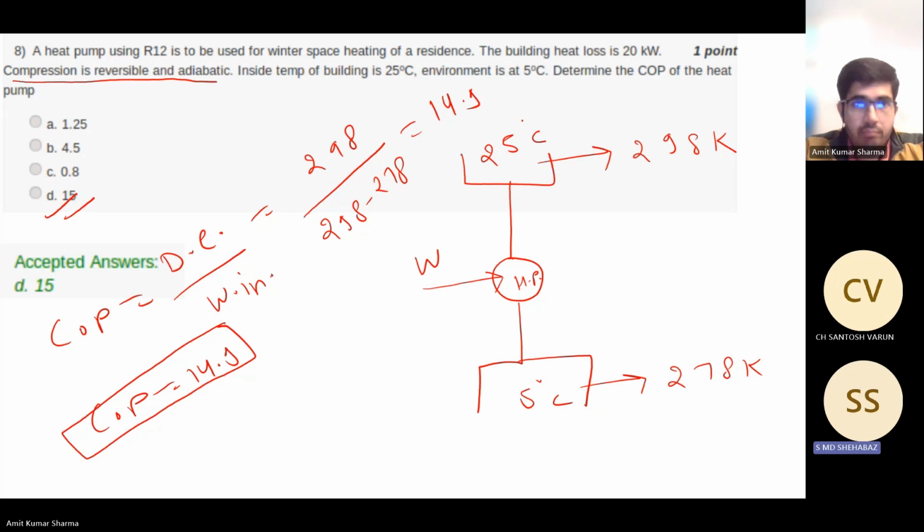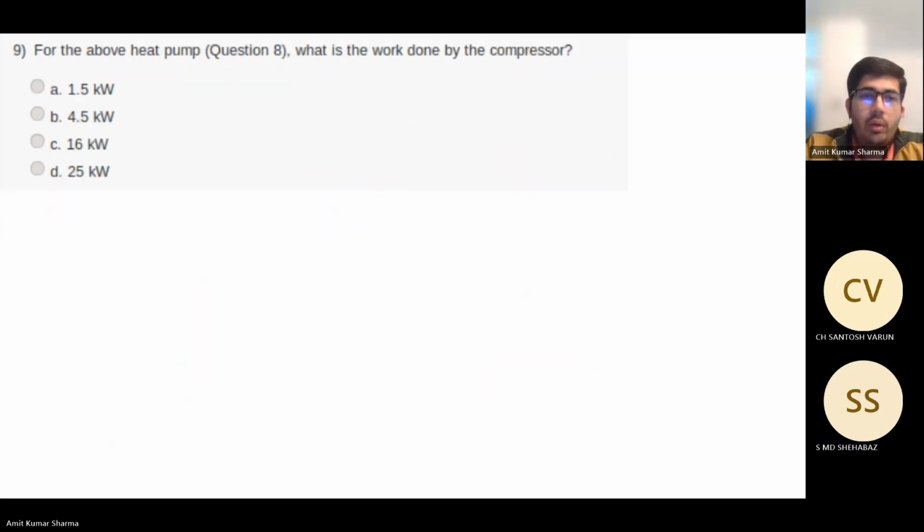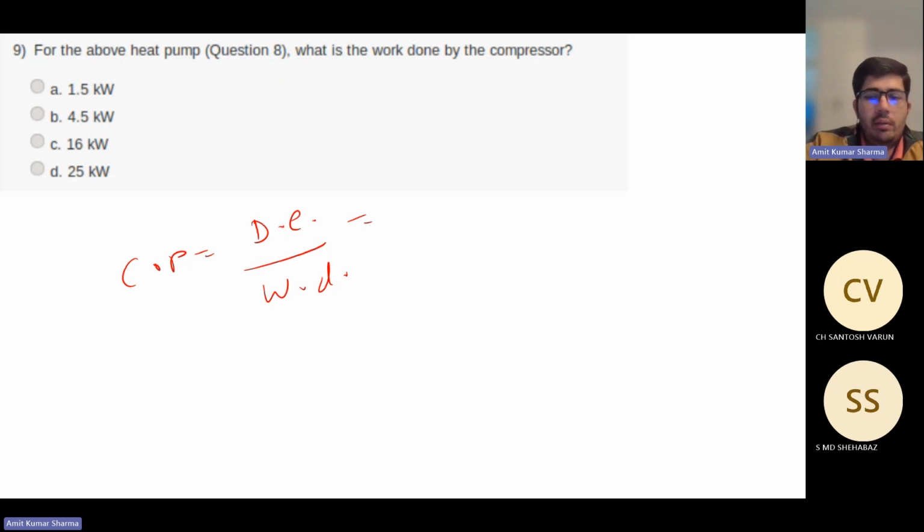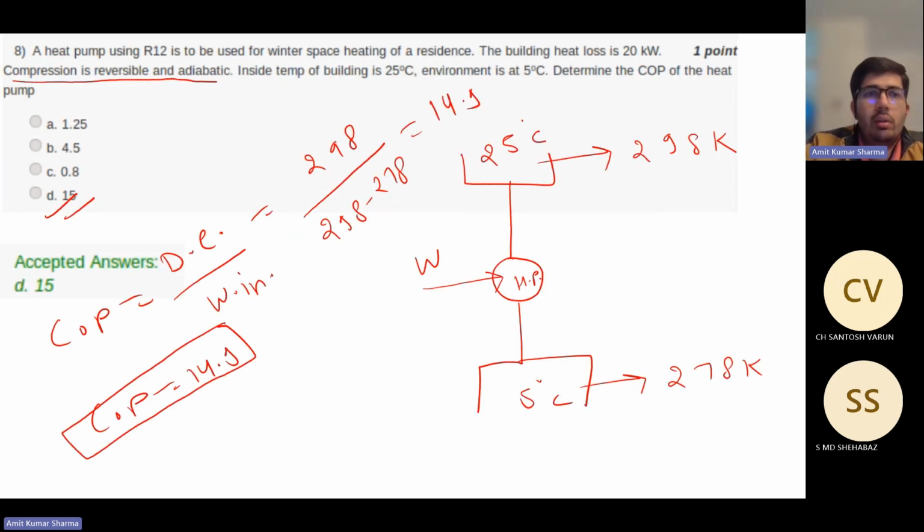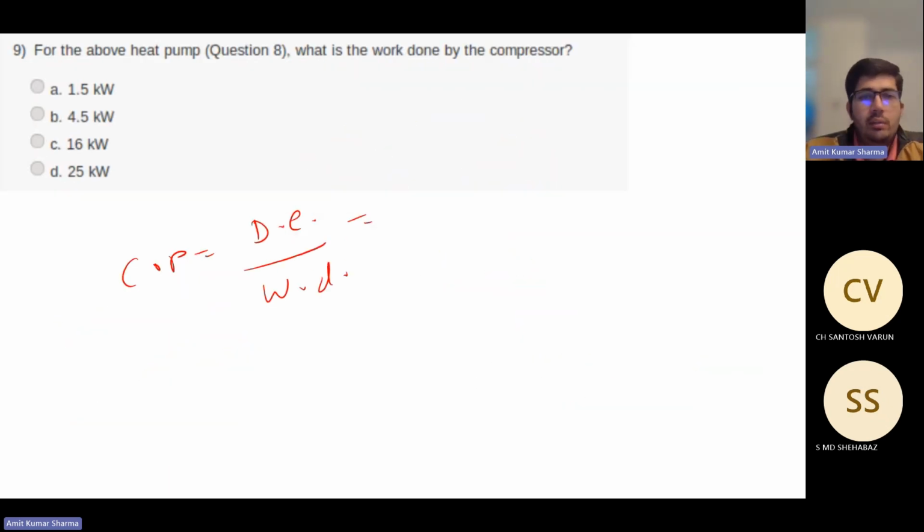1.33 kilowatts. So if you solve, then we have COP equals desired effect upon work done. The desired effect in our previous question is 20 kilowatt. The COP is 15.